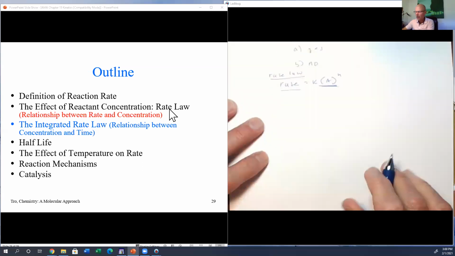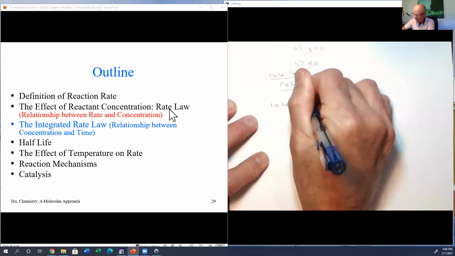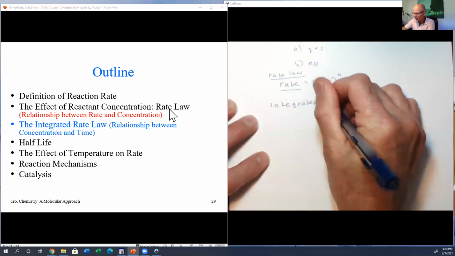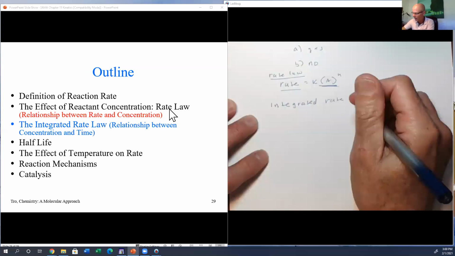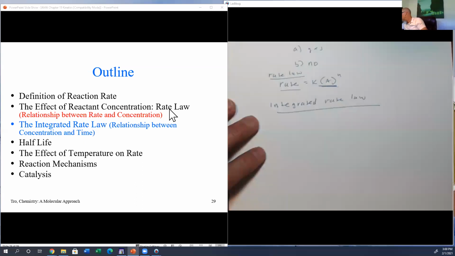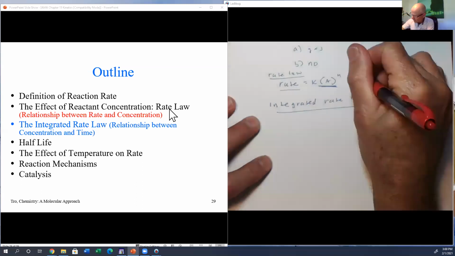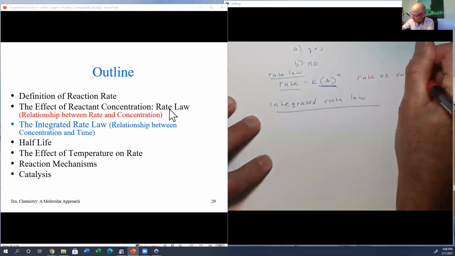What we're going to look at now is something called the integrated rate law. It's called integrated because in order to get it, you have to integrate the rate law with calculus. This equation tells us rate versus concentration.